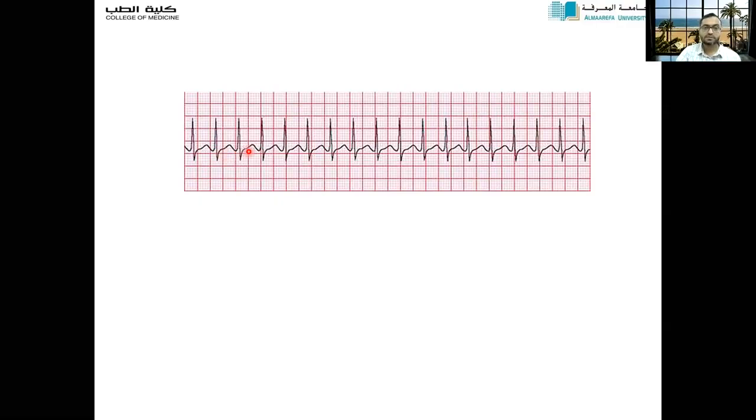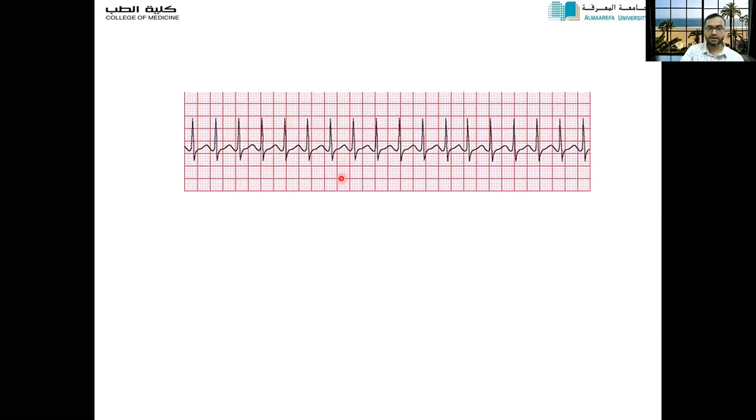Then the question comes, does it originate in atria or ventricle? Just look at the QRS complex. QRS complexes are narrow. It means that the beats are originating in the atrium, above the ventricle. So these beats are originating in the atrium and the rate is too high.